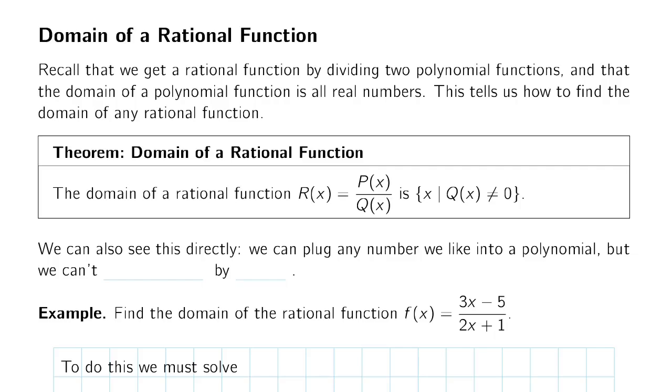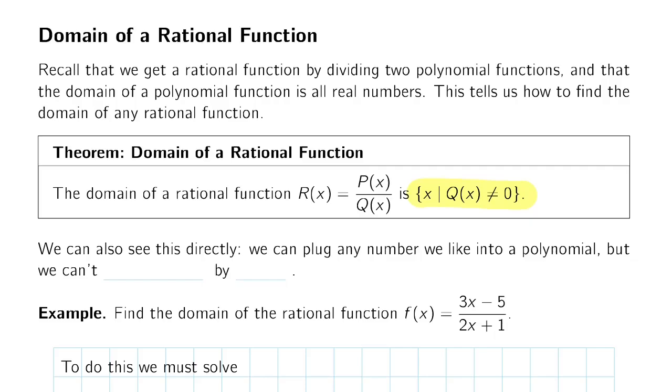Because the domains of our polynomials are all real numbers, only the requirement that the denominator is not 0 will have any effect with rational functions. So the domain of a rational function is just the set of all values of x that do not make the denominator 0.